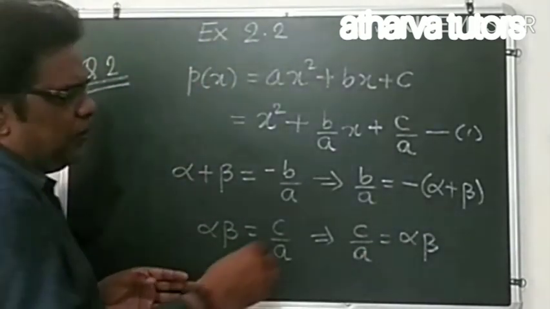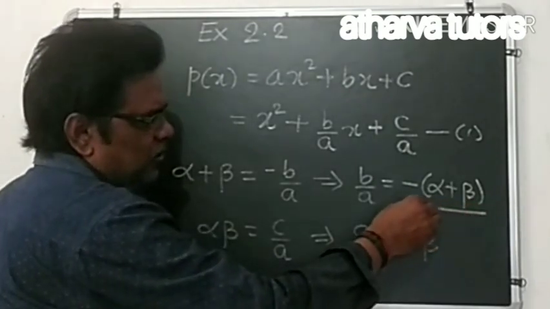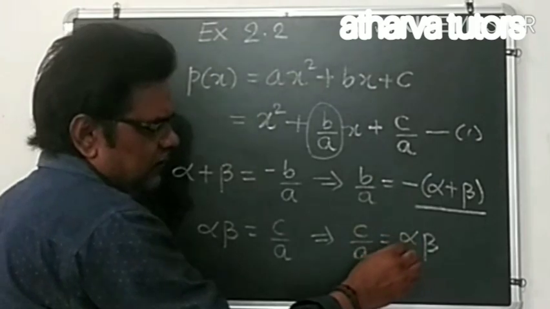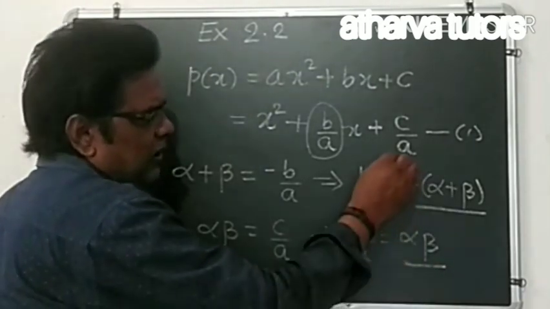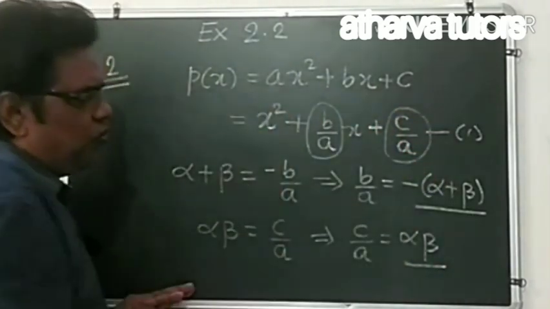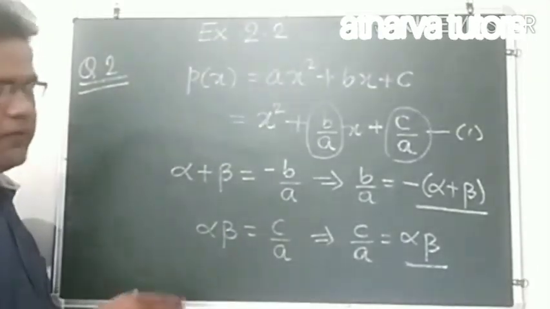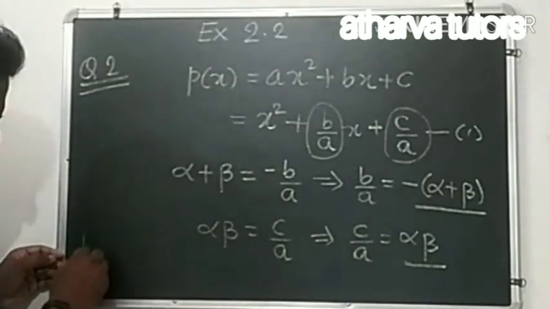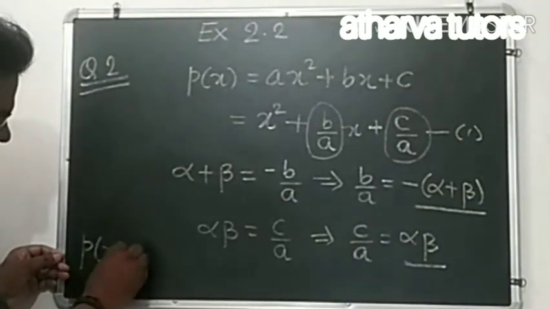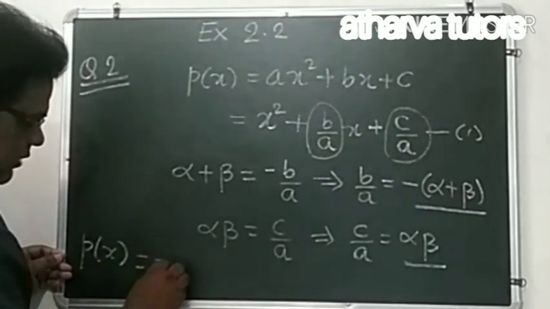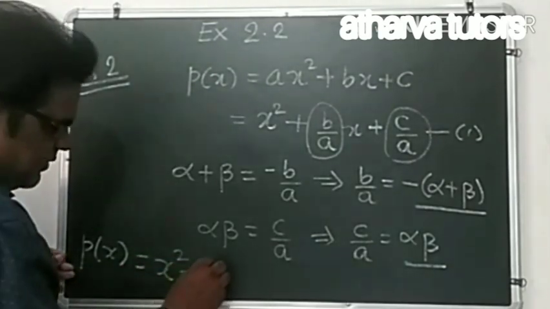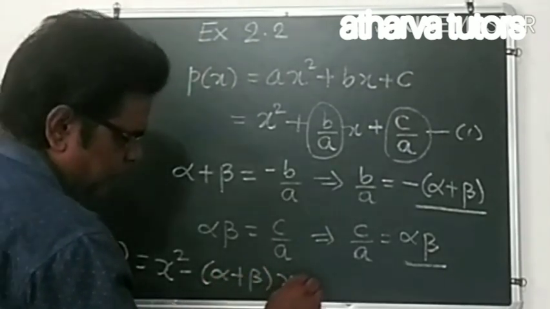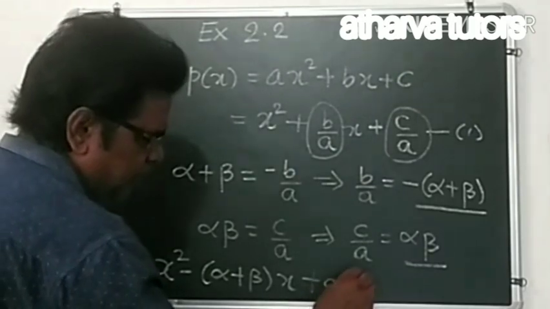Now if I substitute this value in place of b upon a and this value in place of c upon a, what do we get? We can write px as x square minus of alpha plus beta x plus alpha beta.